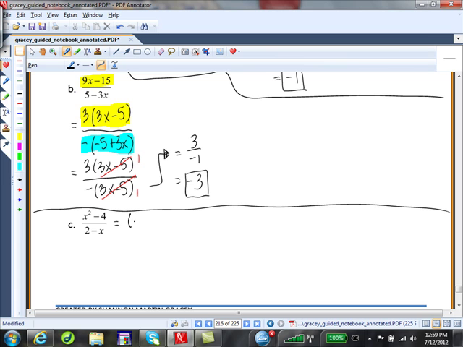X squared minus 4 factors as x plus 2 times x minus 2. We had a difference of squares situation. And then I see that x minus 2, and I see this 2 minus x. I'm going to factor out a negative. And you see we'll get -2 plus x when we do that.